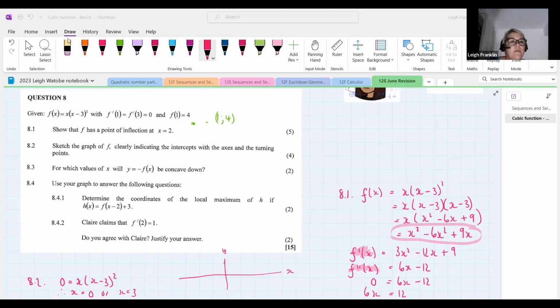Use the words concave down and concave up to describe the shape of this particular cubic function. It can't just be concave up, Nicole. It's got to be a combination of the two. So either it's concave up and then concave down, or concave down and then concave up.